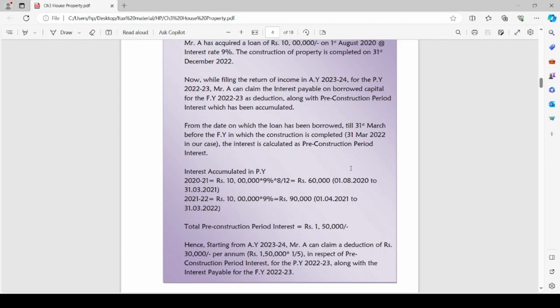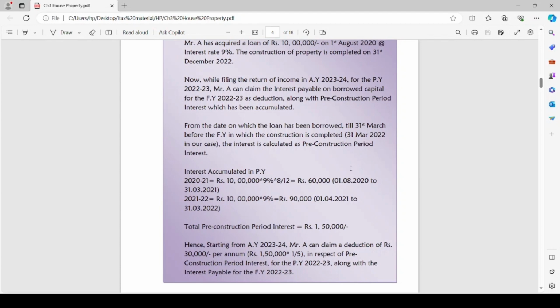Hence, starting from the assessment year 2023-24 for the previous year 2022-23, Mr. A can claim a deduction of rupees 30,000 per annum, that is 1/5 of the pre-construction period interest of rupees 1,50,000, along with the interest payable for the financial year 2022-23.